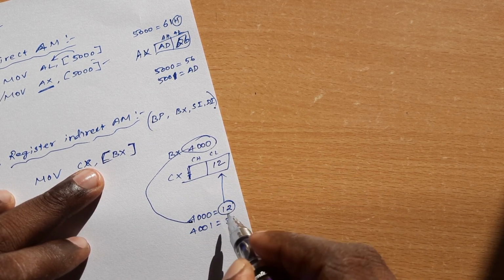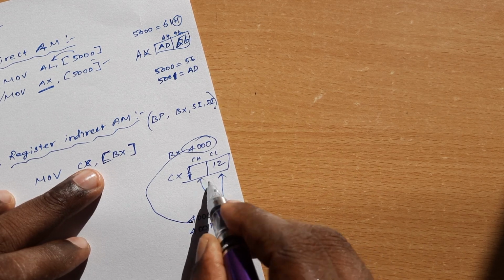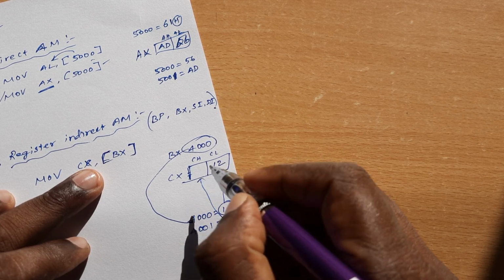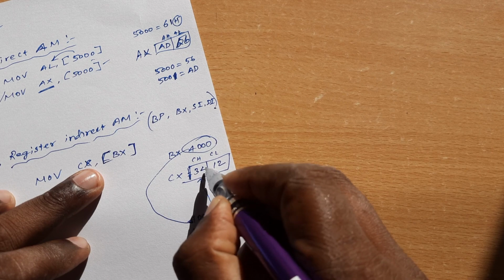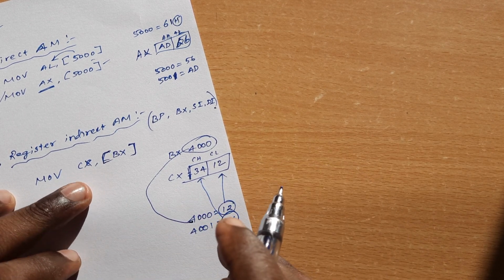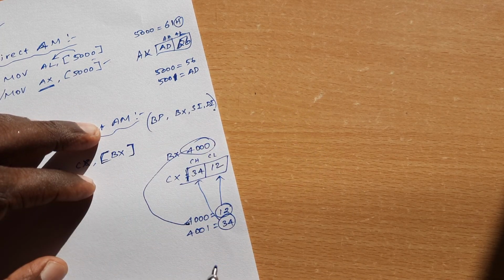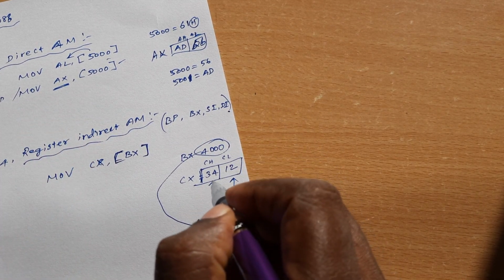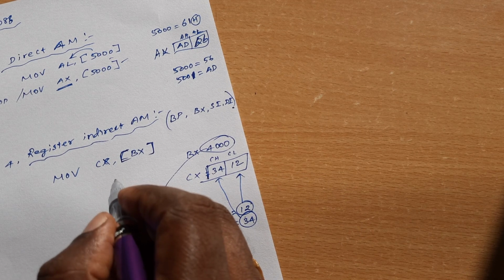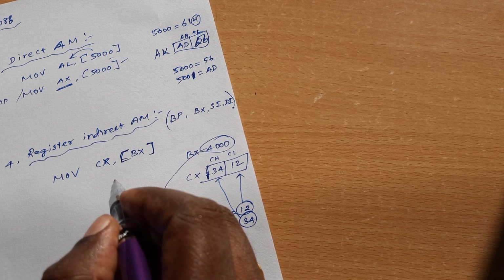So 1 2 is moved to CL, and this value is moved to CH. Always LSB first and then MSB next. So 3 4 1 2 is the data. Actually, it's stored as 1, 2, 3, 4. This is how it is stored. So this is actually moved to CX register.